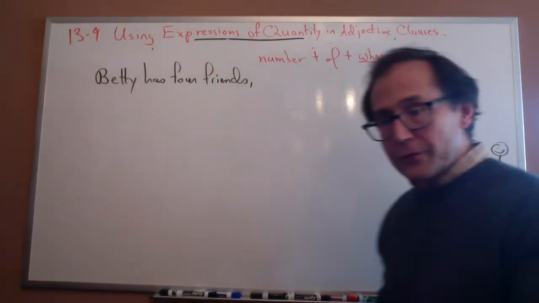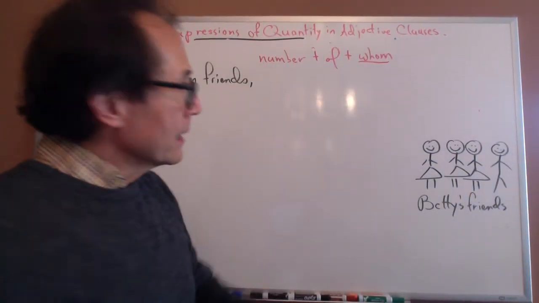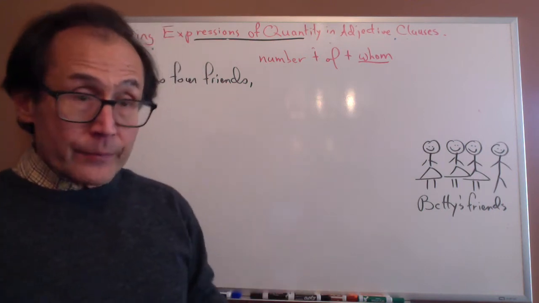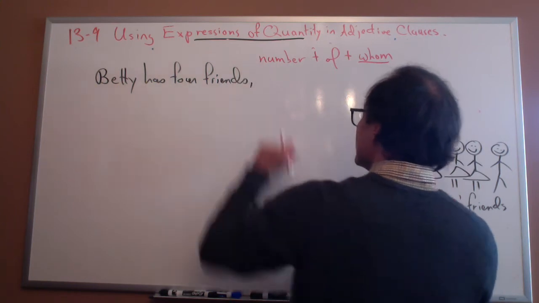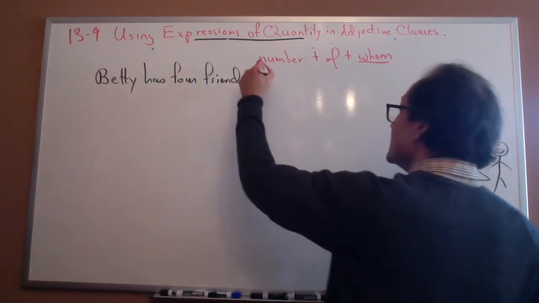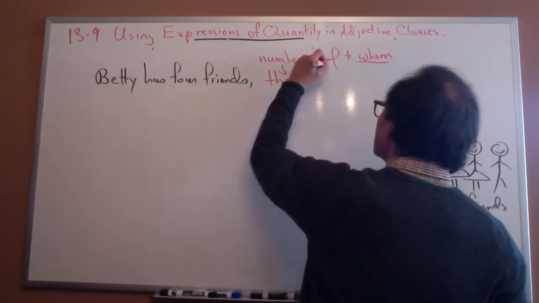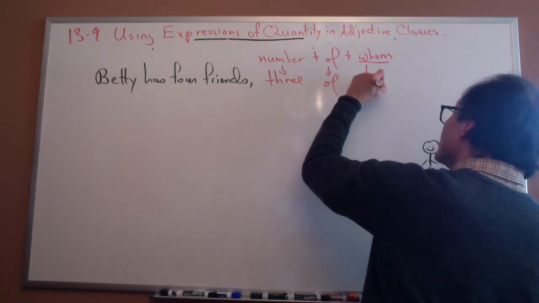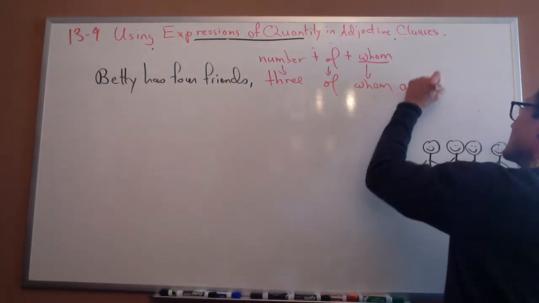Let's say we want to talk about the number of girls. So I could say Betty has 4 friends, and 3 of them, remember, are girls. So I'd say the number, then I say of, and then I say whom. 3 of whom are girls.